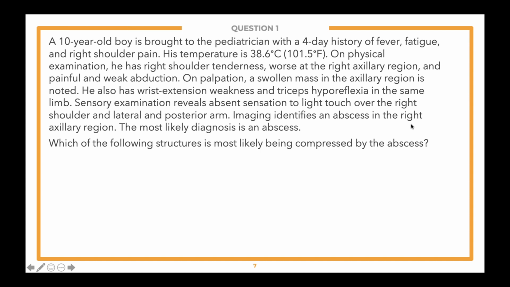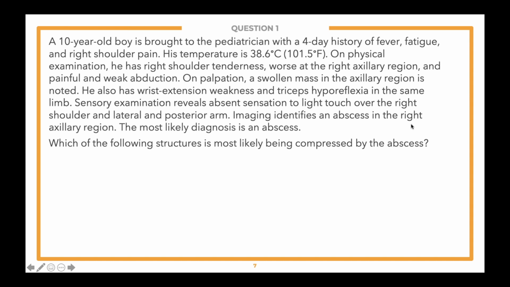On palpation, a swollen mass in the axillary region is noted. He also has wrist extension weakness and triceps hyporeflexia in the same limb. Sensory examination reveals absent sensation to light touch over the right shoulder and lateral and posterior arm. Imaging identifies an abscess in the right axillary region.